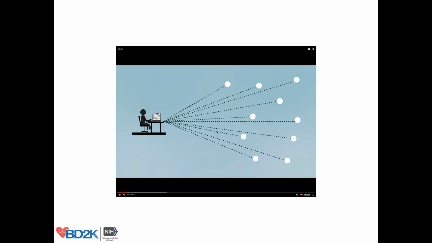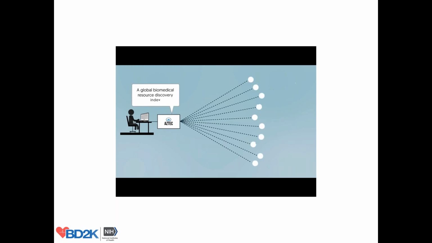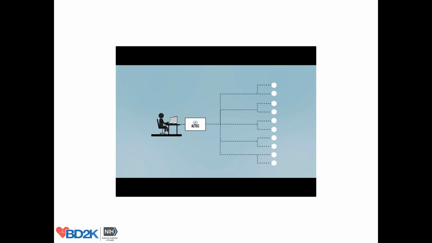Modern biomedicine relies on an enormous infrastructure of computational tools. Aztec is a global biomedical resource discovery index, which supports successful investigations leading to novel biological insights and enhanced clinical therapies. Aztec is ideally suited to contribute to a larger indexing ecosystem.